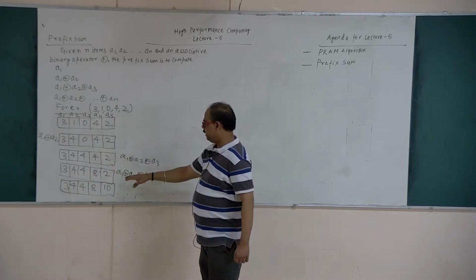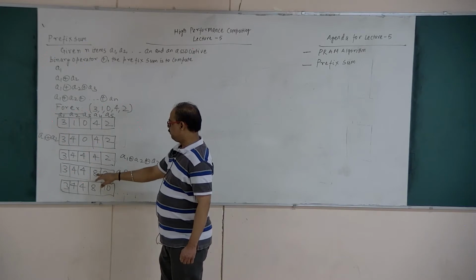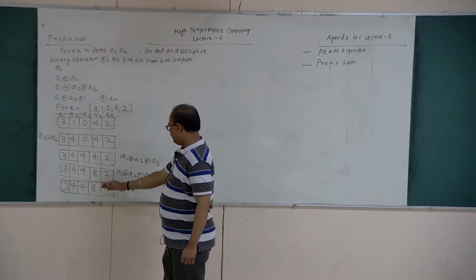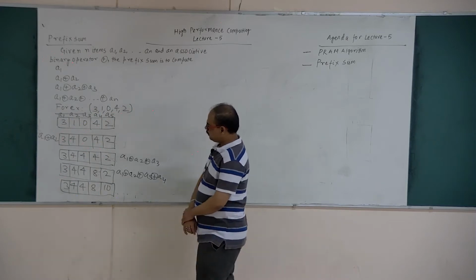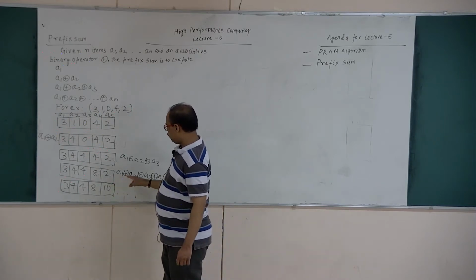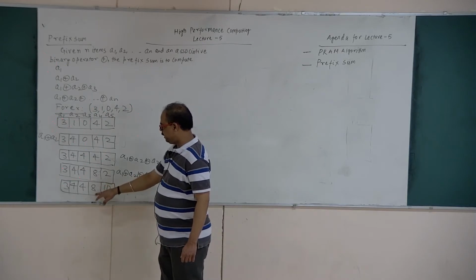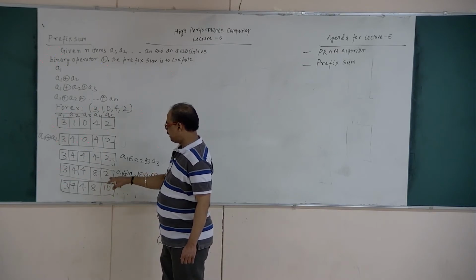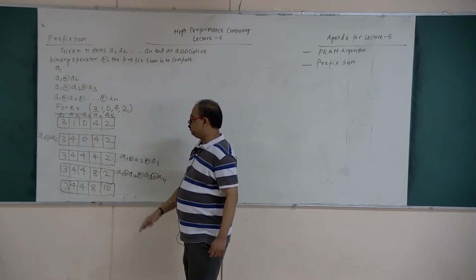The sum up to A3 is 4, and 4 is added with 4, so it gives 8. In the last step we add A1, A2, A3, A4, whose sum is 8, with A5, and that gives the total sum.